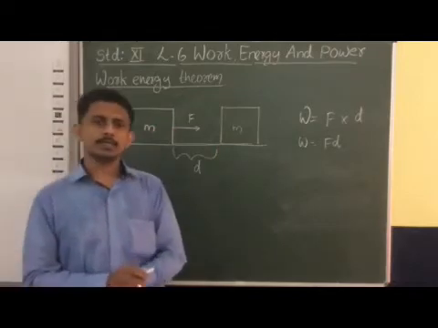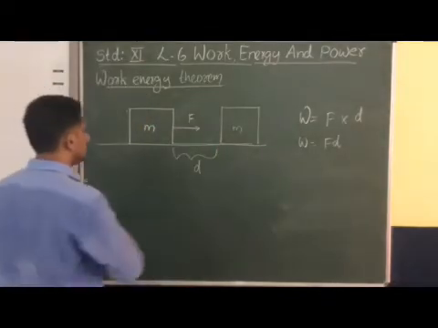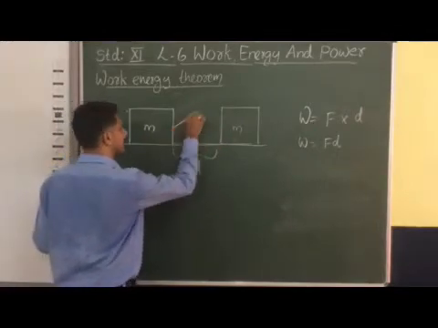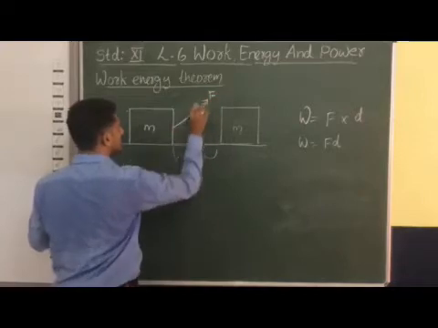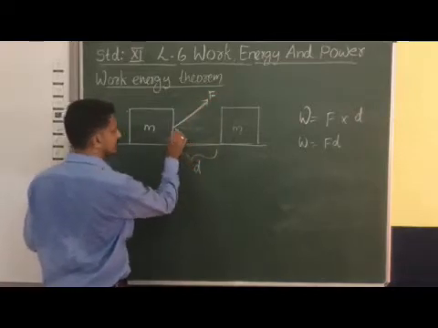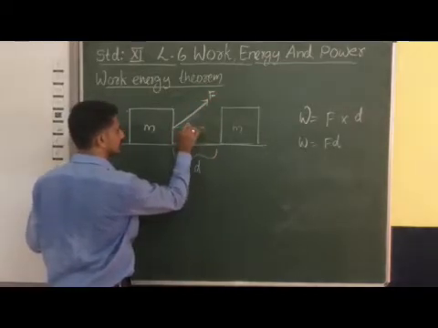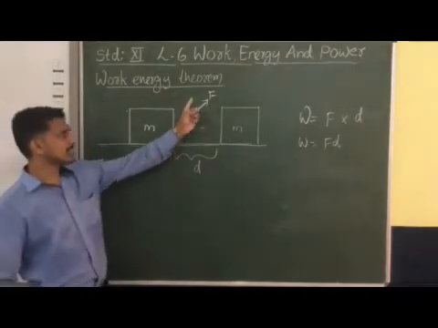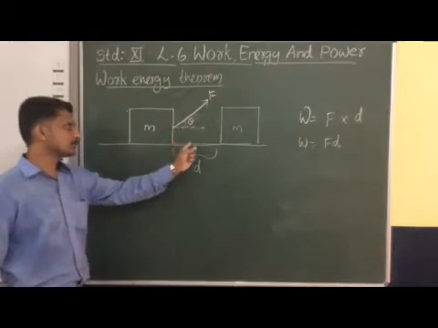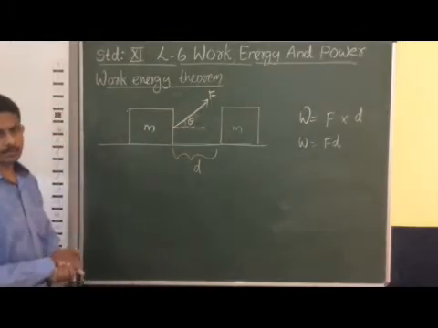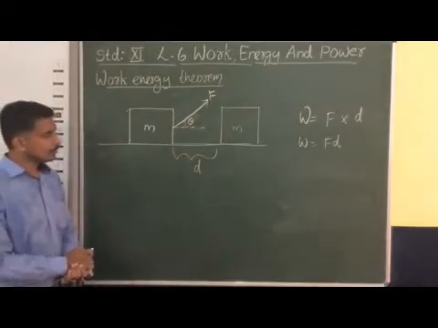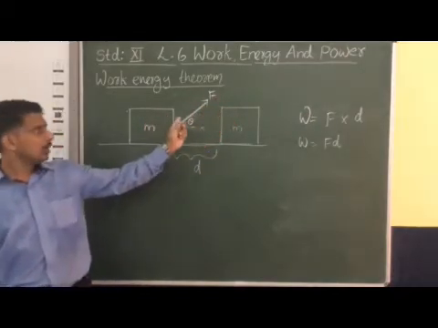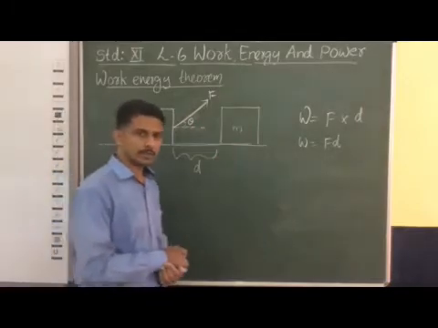Now suppose the force acts on this object not along a straight line, but at a certain direction with respect to the horizontal surface. I represent that angle as theta. So the force acts on this object at an angle theta with respect to the ground. During this situation also the object moves in the forward direction.